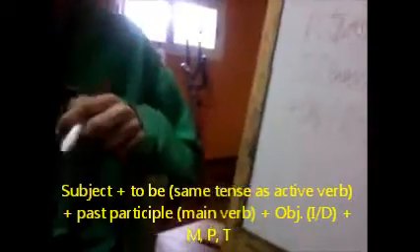Then we have the participle, plus the object that can be indirect or direct, plus the main verb in the third form, and plus the manner, place or time. This is the passive transformation.